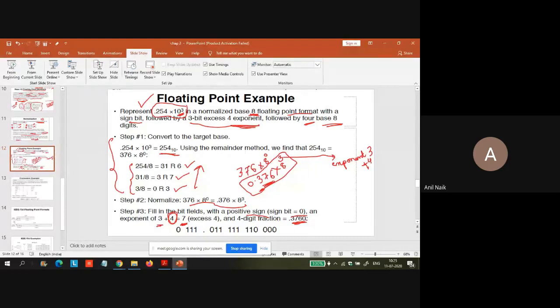Three. So you need to add one more base 8 digit, a zero, to make it four. This is a simple example that we have converted. I will explain once again.